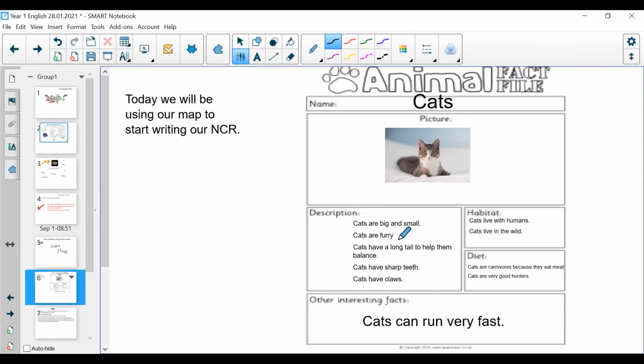That means where do cats live? Remember what we said yesterday, some cats are big, like a tiger or a lion, and some are small, like cats that we have at home. So I wrote on my plan that cats live with humans and some cats live in the wild.